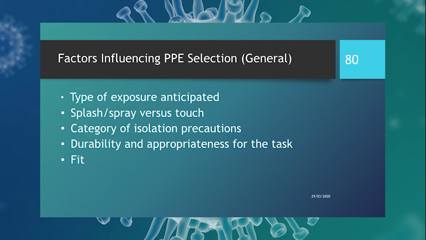What category of precautions are in place? Is it contact, droplet, or airborne? You must also think about how long you will be engaged in this task. Will the PPE be appropriate? Will it last long enough? And obviously, you need to make sure that your PPE will fit you, because if you have the wrong size, then it will not give you the protection that you need.